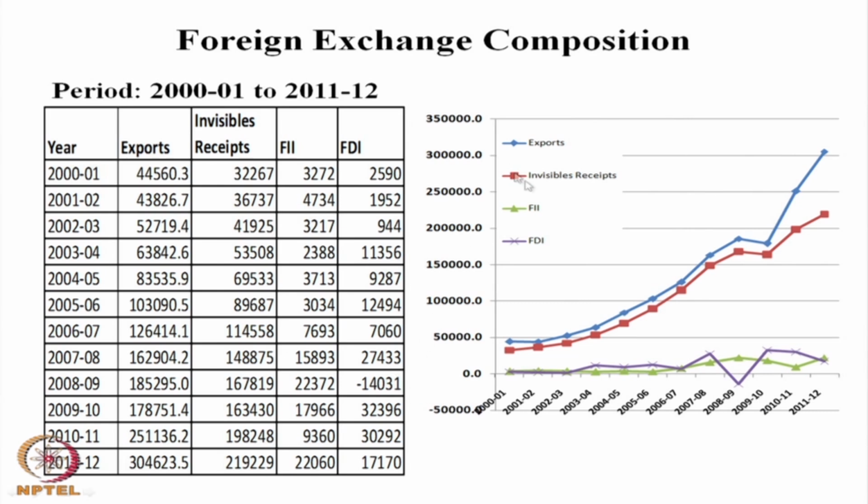And similarly, if you see the green line, FI also significantly reduced after 2000, reduced up to 2007-8, because this is part of the recession period, and this is a part of instability in the world market, and because of this FI and FDI are not significantly contributing to our foreign exchange earning position.